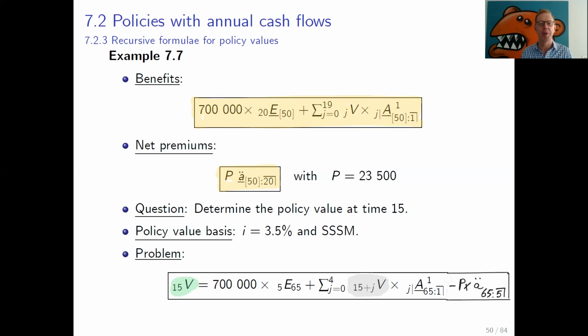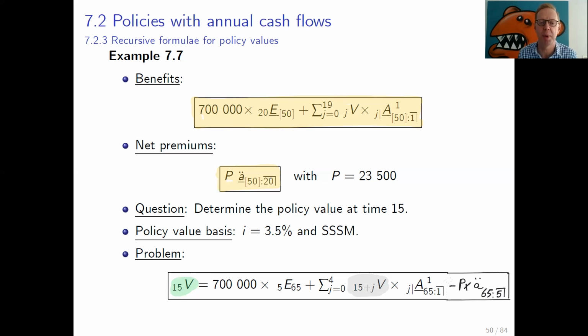There is now a problem here because we have to calculate the policy value at V15, but if we want to calculate that policy value, we need the policy values at time 16, 17, 18, 19, and 20. So we cannot directly calculate the policy value here. What is the solution?